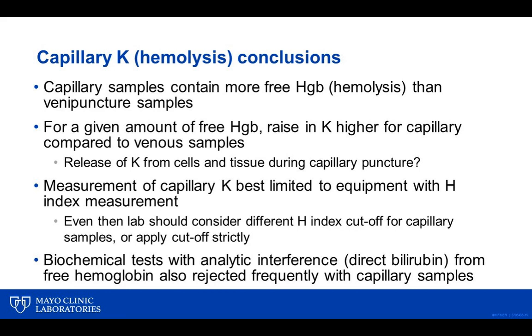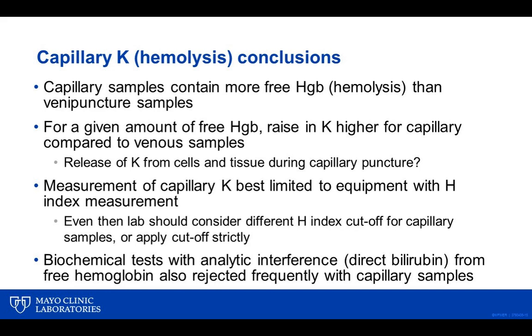If you would like to do that, you certainly need equipment that will measure semi-quantitatively or quantitatively the amount of free hemoglobin. And given this data that the rise in potassium per unit of free hemoglobin differs in capillary blood, the lab may want to set a separate cutoff or acceptability for a capillary sample compared to venous or arterial, and might be more conservative in rejecting or commenting on results that have mild hemolysis with a capillary sample, even if they may accept it in a venous.